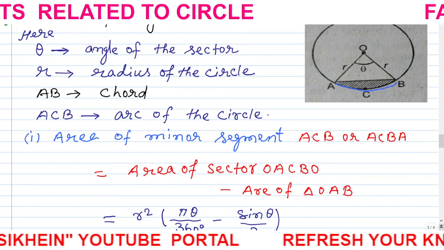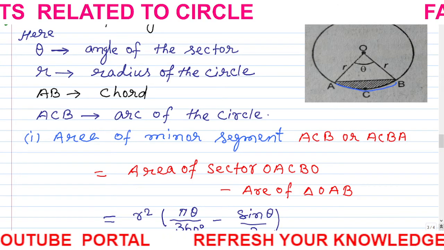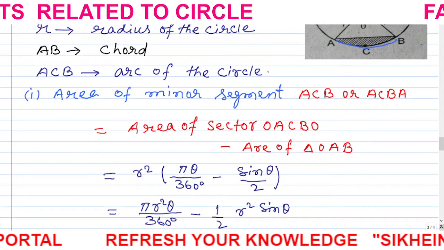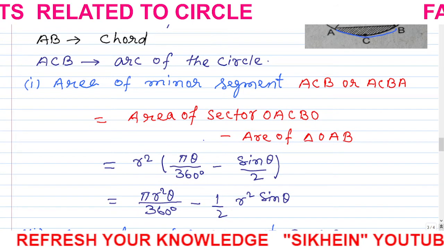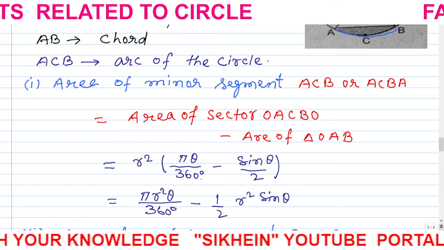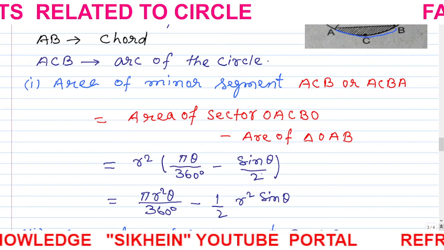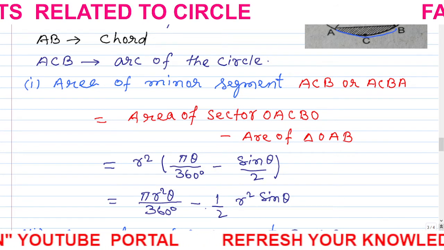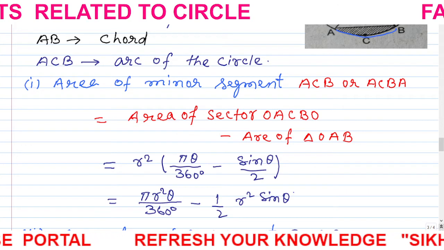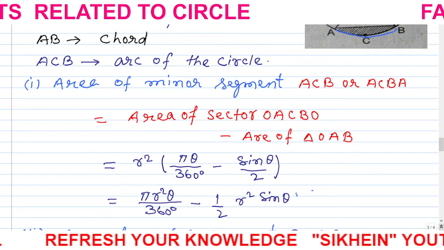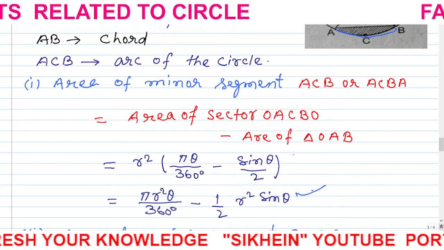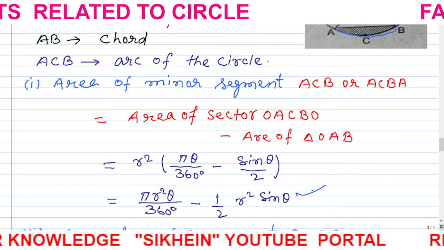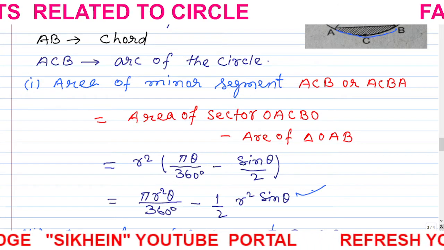Taking the relation from above, we get r square bracket pi theta by 360 degrees minus sin theta by 2 bracket close. That means pi r square theta by 360 degrees minus half r square sin theta. This is the relation by which we can find the minor segment area.